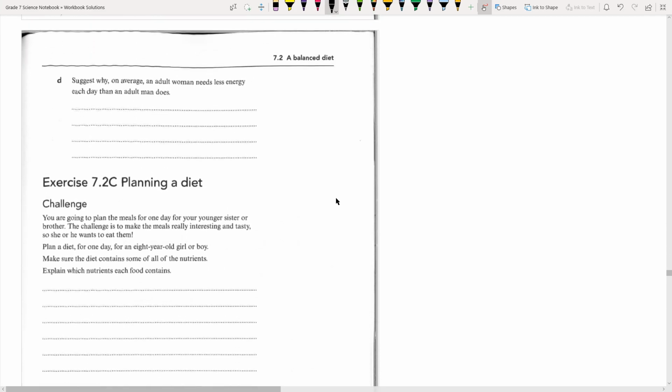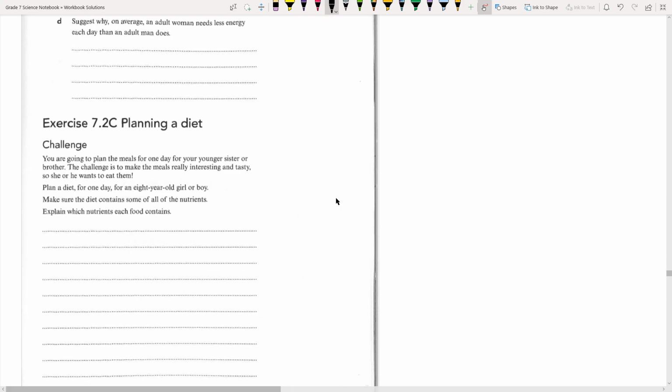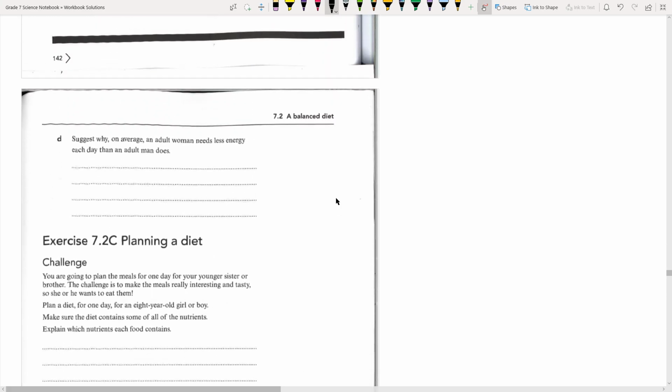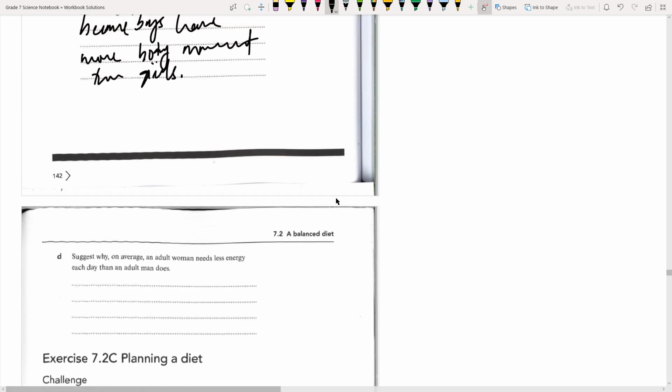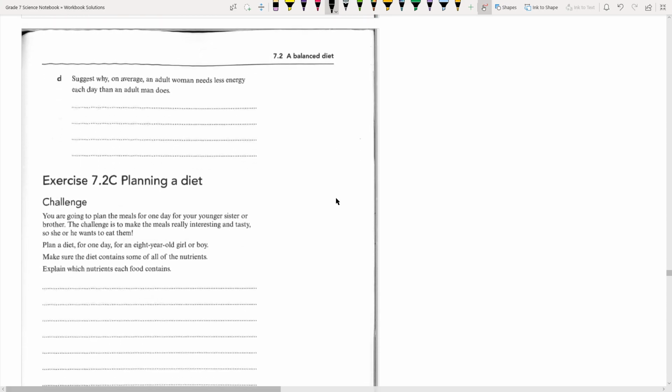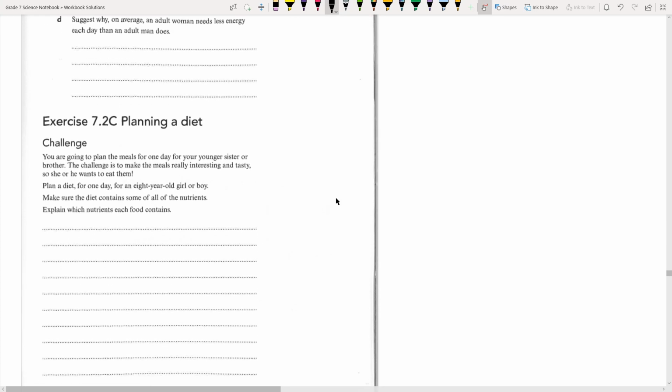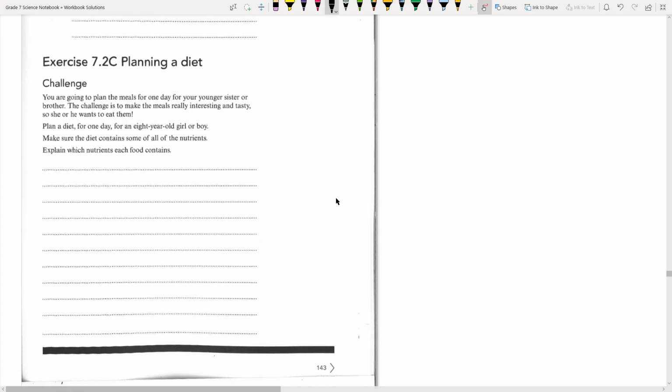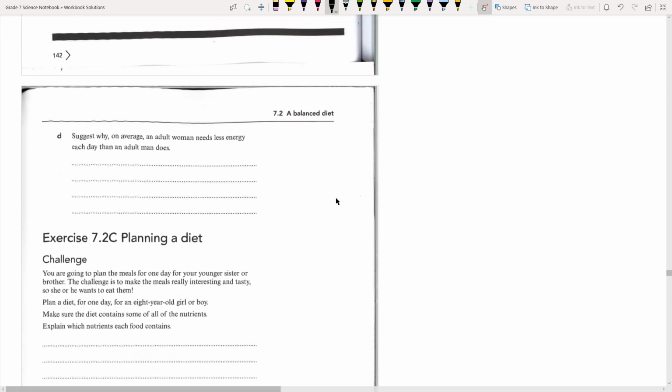Suggest why on average, an adult woman needs less energy each day than a man. It's the same thing: men have more dietary requirements than women because of extensive body movement. So men need more energy and women need a little bit less. But this doesn't mean that that's the general trend. It's a general idea.